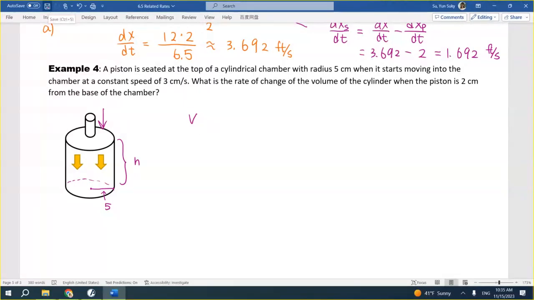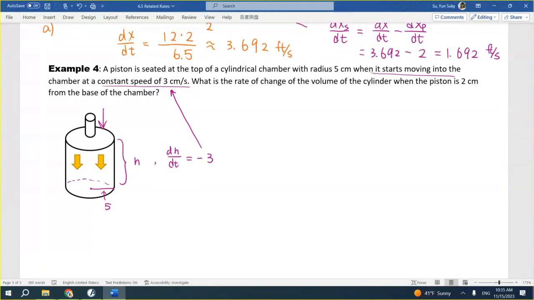Okay. So, it moves into the chamber at a constant speed of 3 centimeters per second. Question: your height is increasing or decreasing? Decreasing. So your rate of change of the height is positive or negative? Negative. And it's -3.